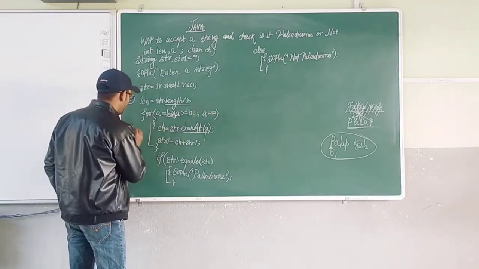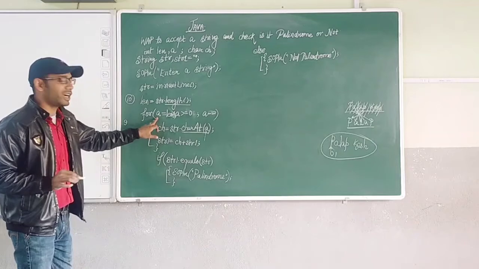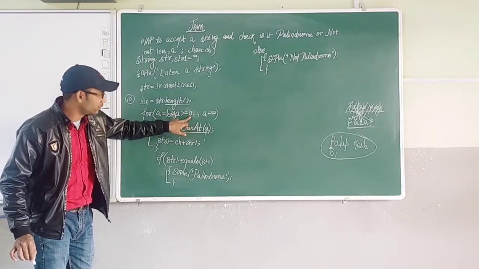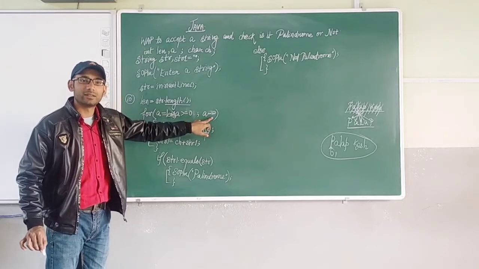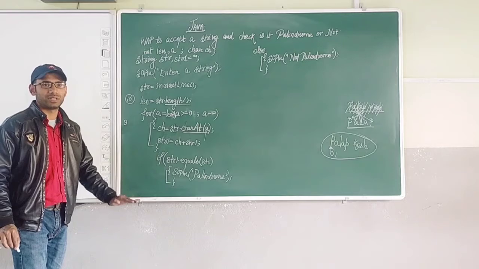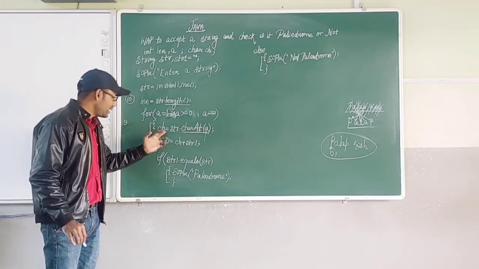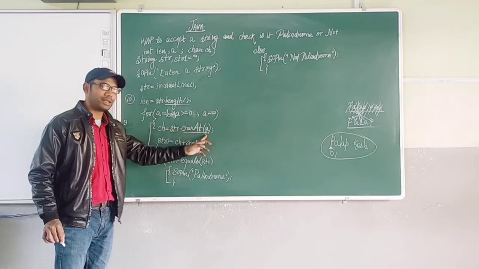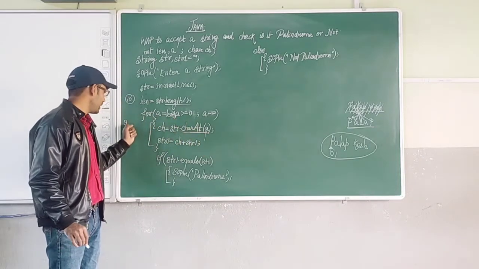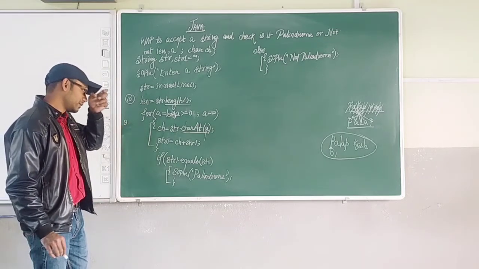That means for a is equal to 9. a will start from 9 and it will end at 0 by decreasing, descending. 9, 8, 7, 6, 5, 4, 3, 2, 1, 0. Like that. So ch is equal to str.charAt(a), that means at len minus 1, that means at 9.